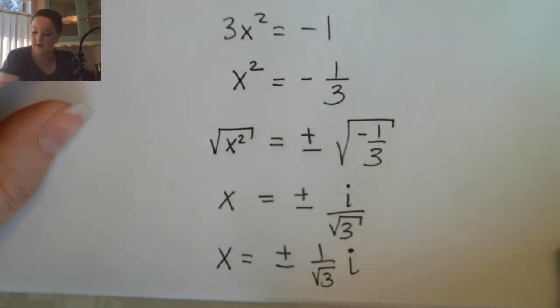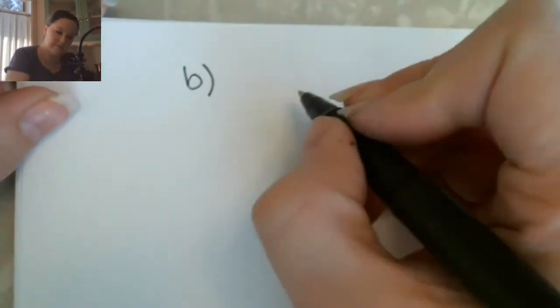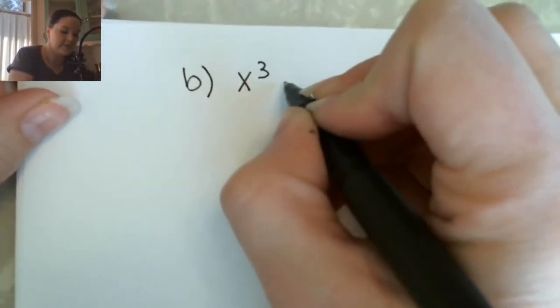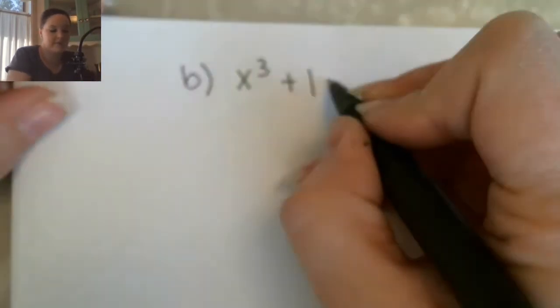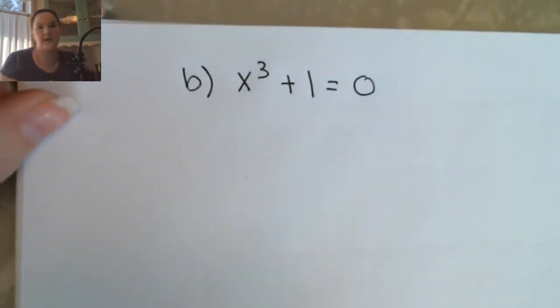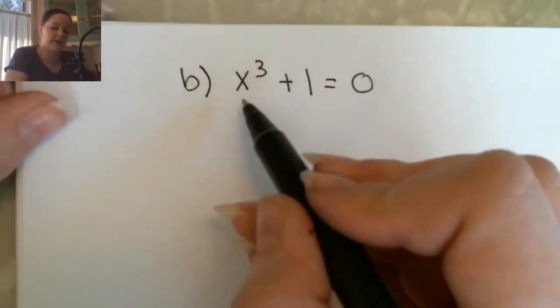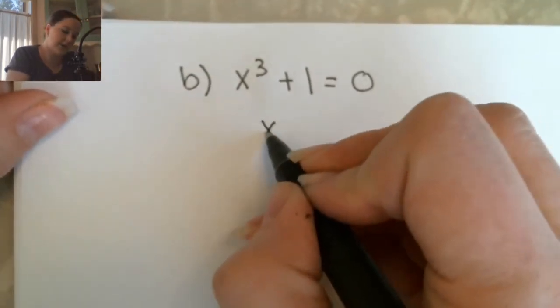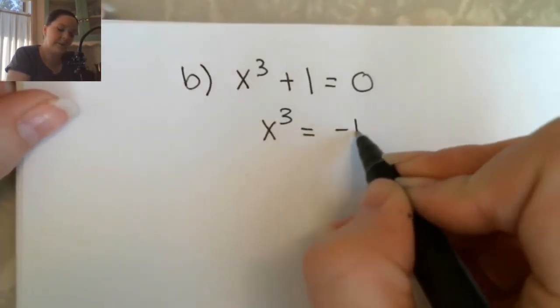Okay, all right, let's look at a more complicated example. Okay, so the first thing we're going to do is isolate the variable with the exponent by subtracting 1 from both sides.